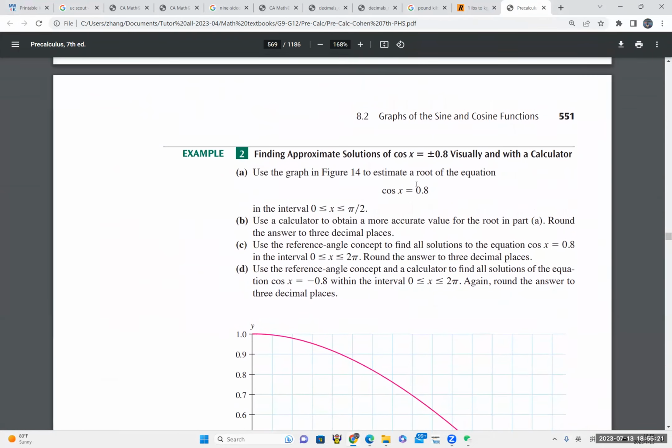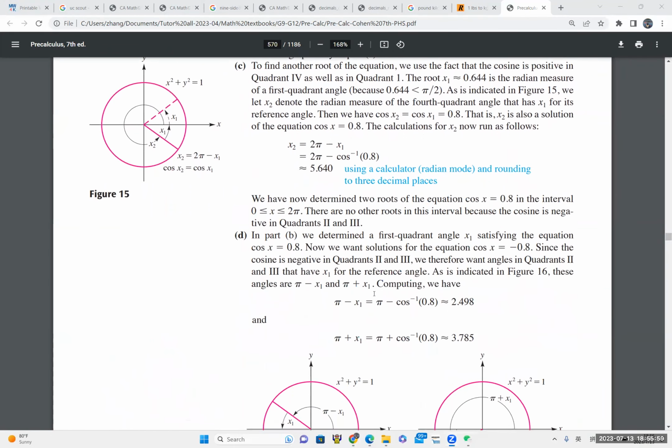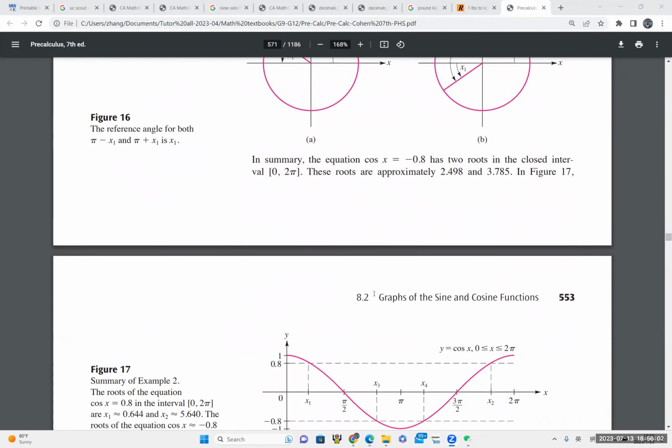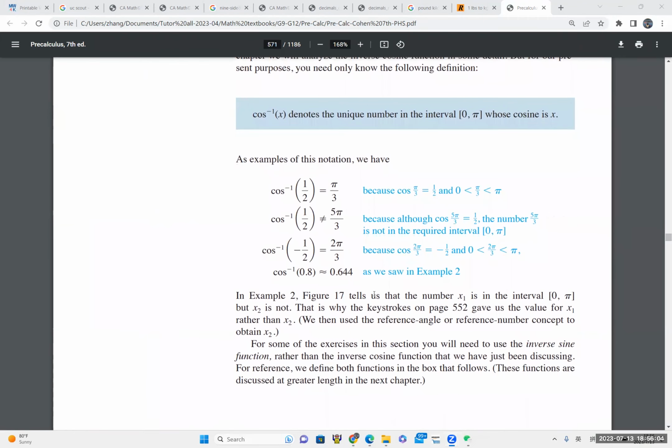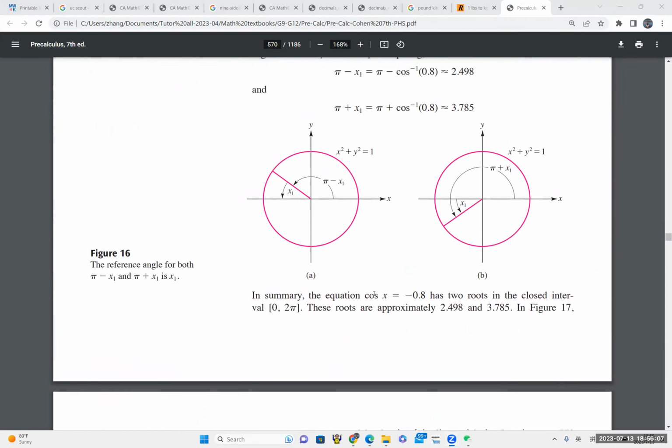X is about 0.65. Then here we talk about, let me see, inverse of cosine.